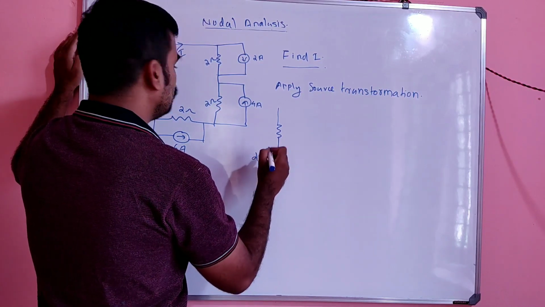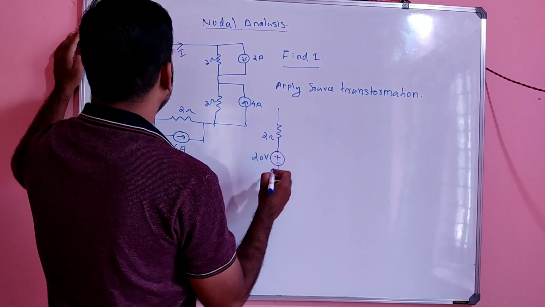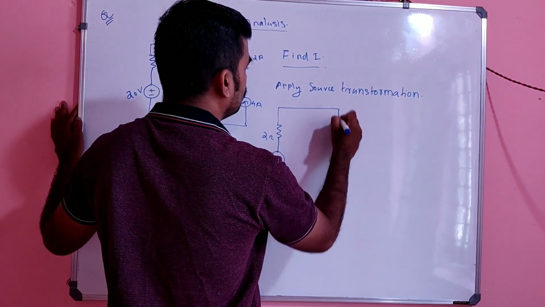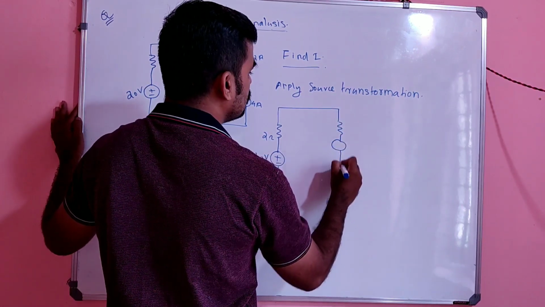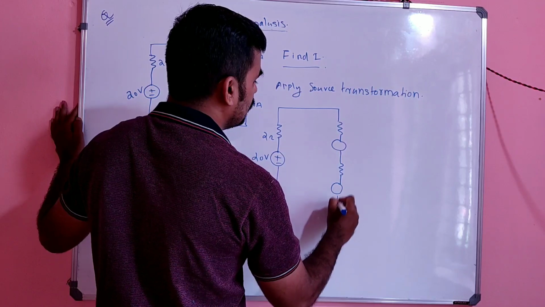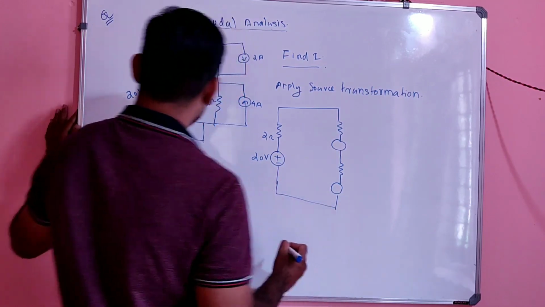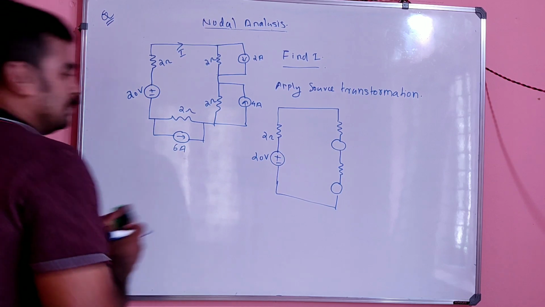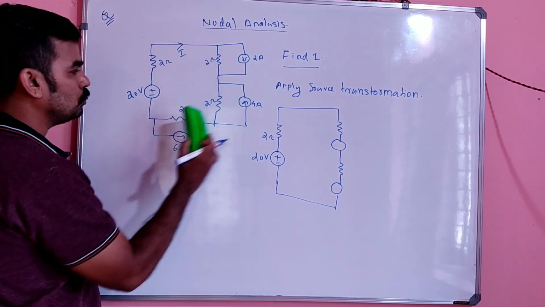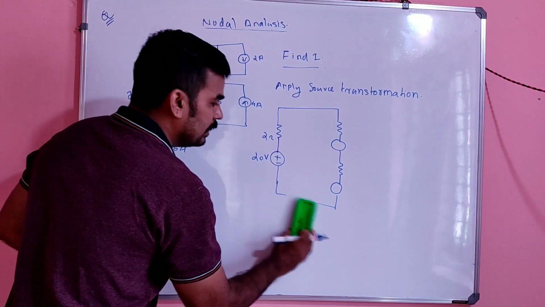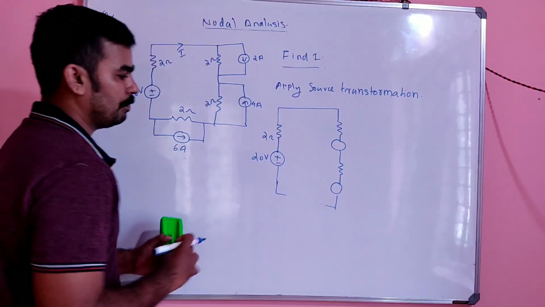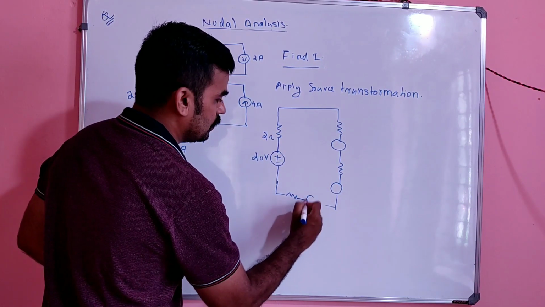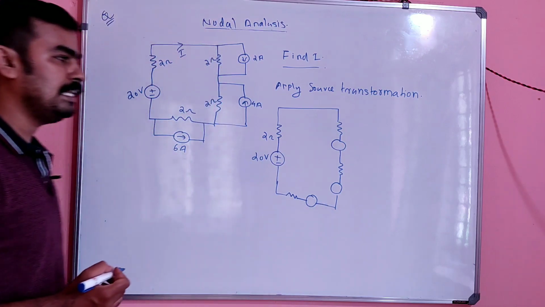So it will be 20 volt, it will be 2 ampere, and coming to here, it will be a voltage source in series, and again a voltage source in series, and again a voltage source in series. Again, this also, 1, 2, 3 are there, again a voltage source in series.